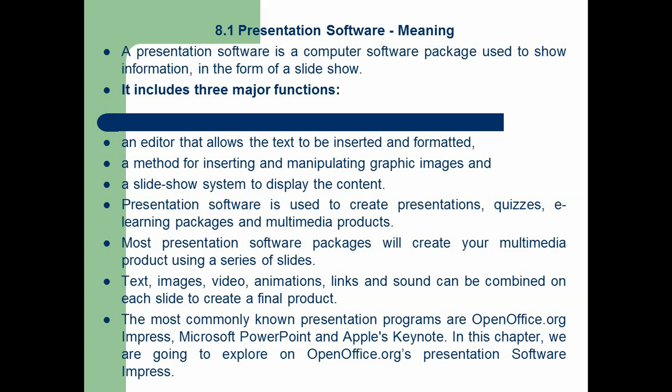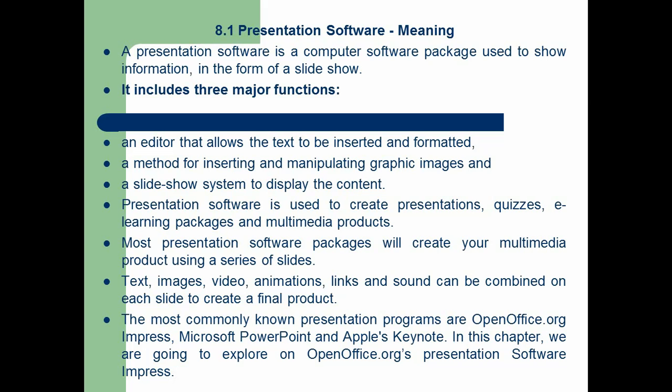Other than Impress, another software most commonly used in the computer field is Microsoft PowerPoint. Next one is Apple's Keynote. These are three important presentation software which we use in our day-to-day, business or office life for creating slideshows, and through that slideshow we convey information to the other end user by bundling many elements like text, image, sound, video, animation and links.